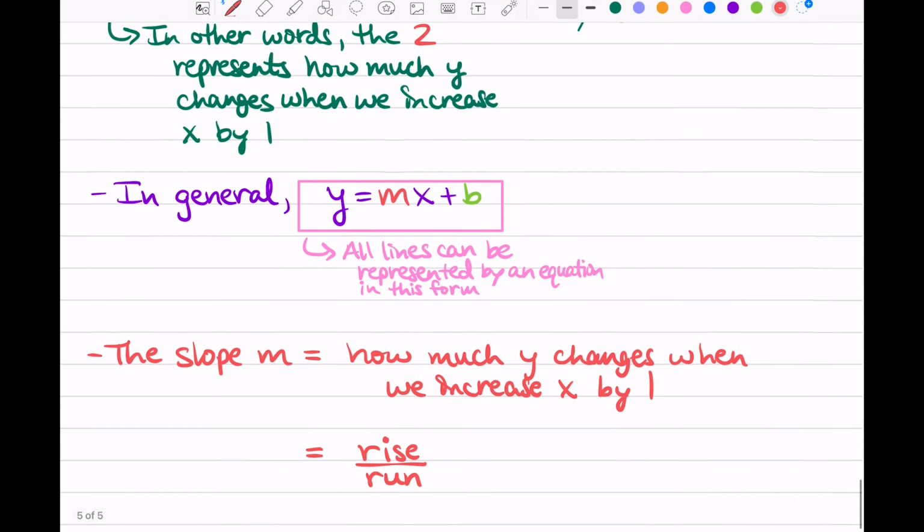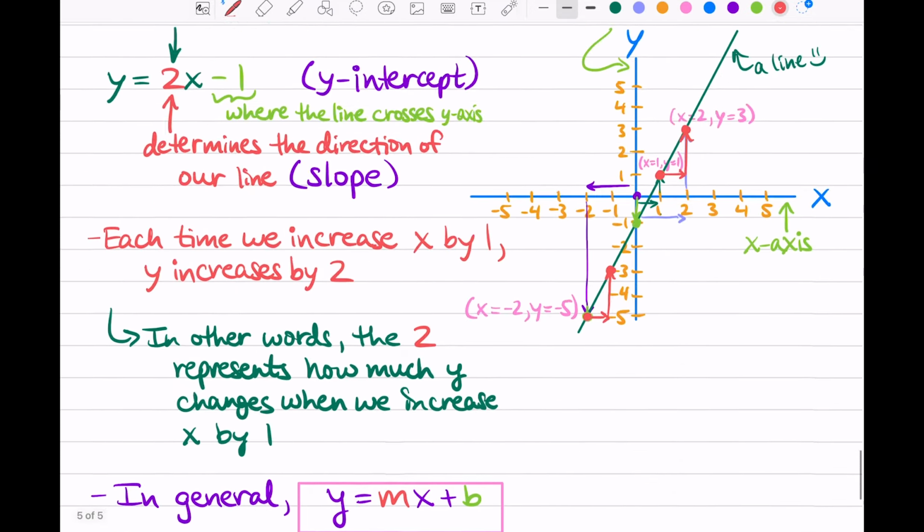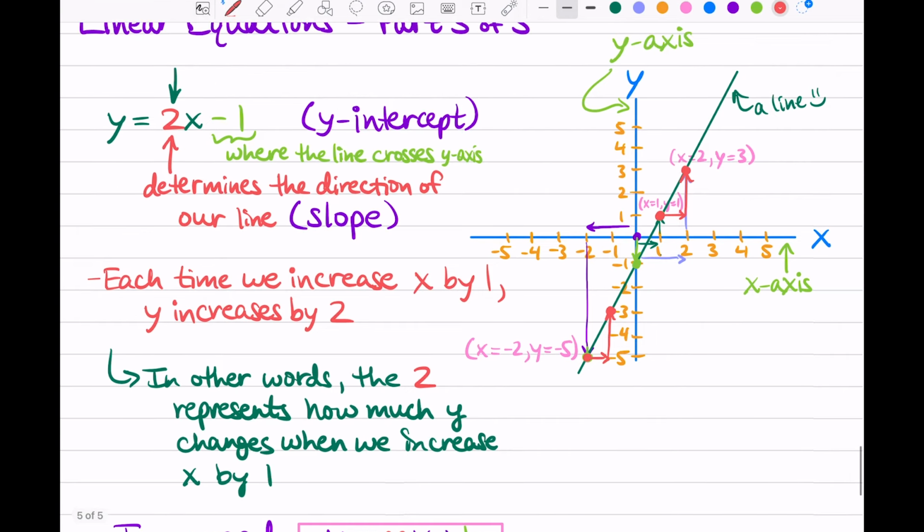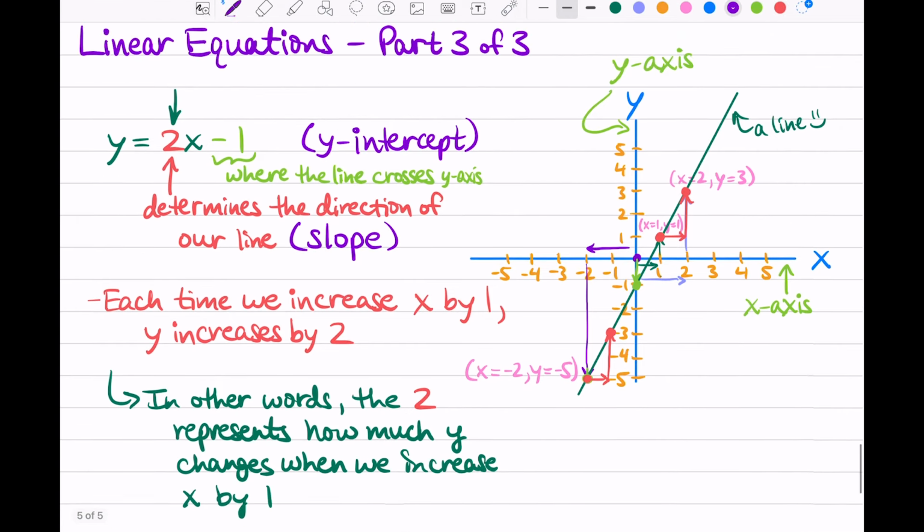Let's dig into that a little deeper so we understand what that means. So let's look back up on our graph and let's pick a couple points. Let's say I'll pick this point. This is going to be the point x equals 3, y equals 5. And then let's just stick with this point right here, 1, 1.